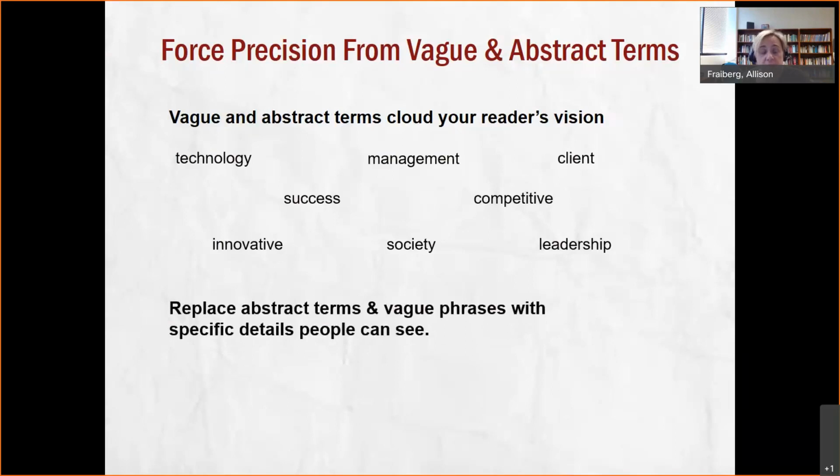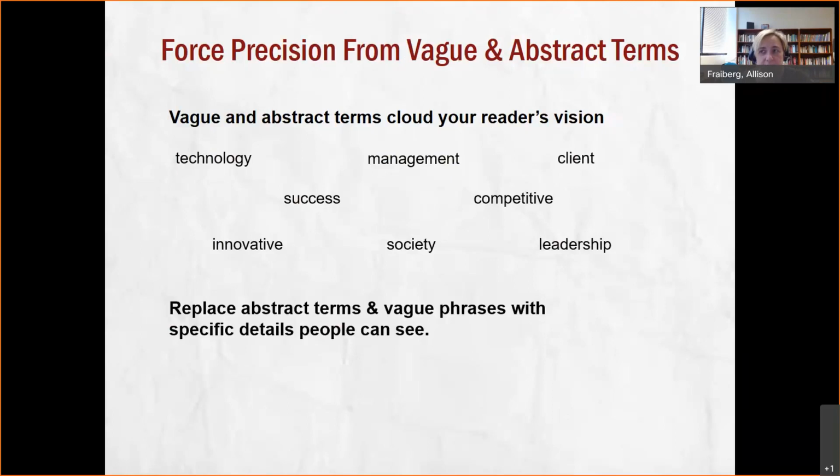Now, if we were actually working in class, and we will do this in class, I might have you go through your writing and try to identify all the vague and abstract terms that you can find. And the thing is, when we hit upon vague and abstract terms, there's nothing inherently wrong with a vague term. It's just that you have to force precision from it.